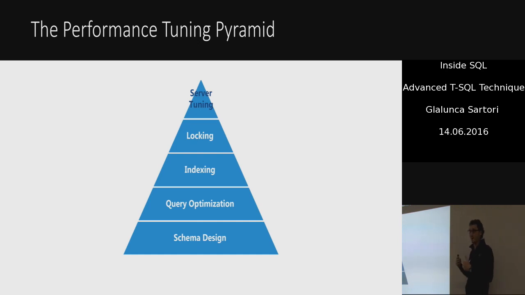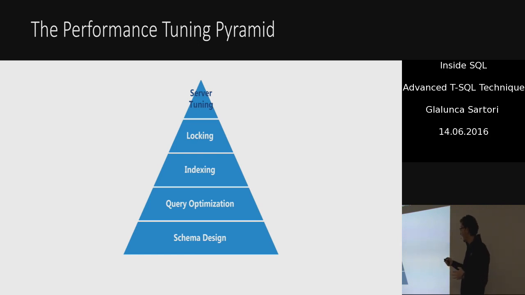So a well-designed schema will support high-performance code and high-performance indexes, and everything built on top will perform better. But if we change something at this level, everything that sits on top of it will probably have to be changed as well.